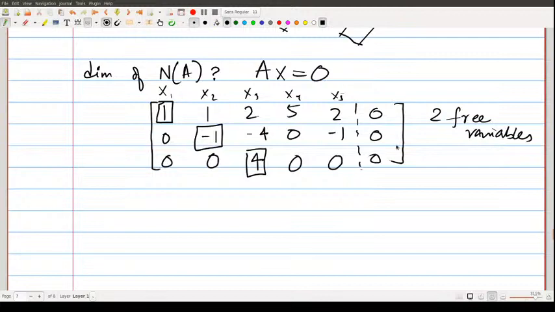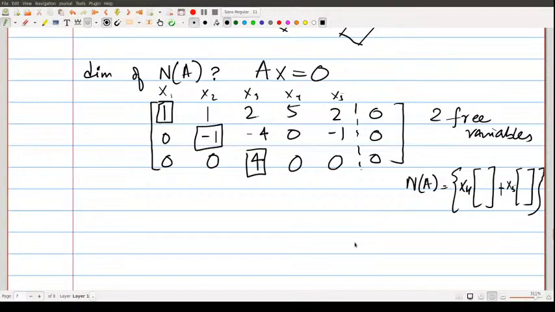If you remember, once you have free variables, any vector in the null space is going to be some linear combination: x4 times some vector plus x5 times some vector. And these are the special solutions that you find, right?